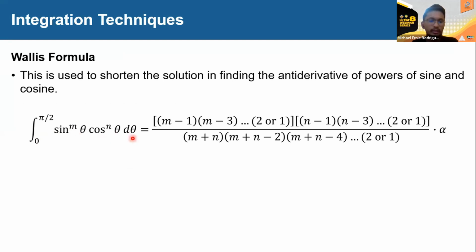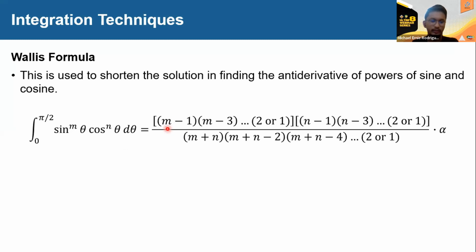Okay, take note that the limits of integration dito, no? The limits is only 0 to pi over 2. Dapat ito yung limit natin for the integral with the powers of sine and cosine para magamit natin tong Wallis formula. So dapat yung lower limit is 0 and then yung upper limit is pi over 2.